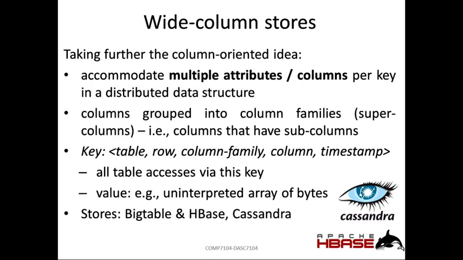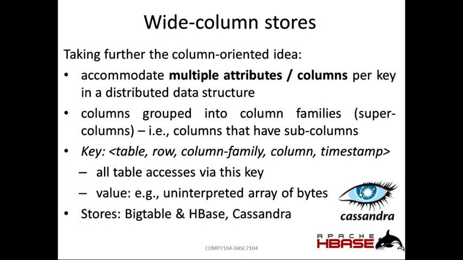Wide column stores or column family stores take this idea of column-oriented organization a bit further, accommodating not just one attribute per row ID, per key, but multiple attributes or multiple columns per key in a distributed data structure. So now columns will be grouped into so-called column families or super columns, and this is what will be then organized in the database.